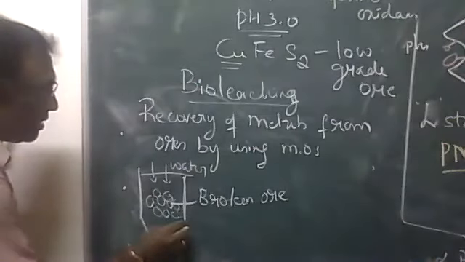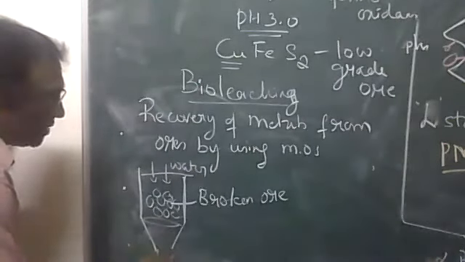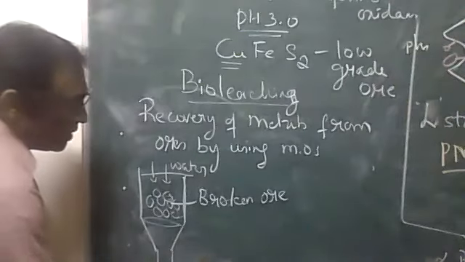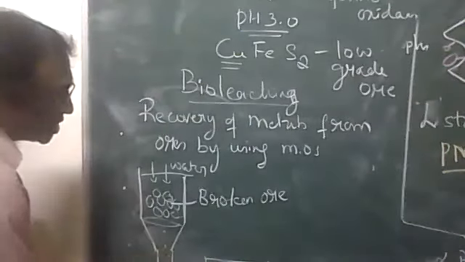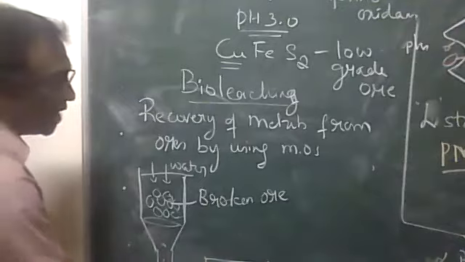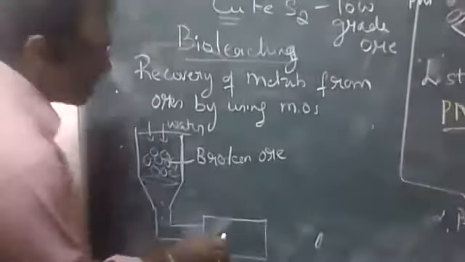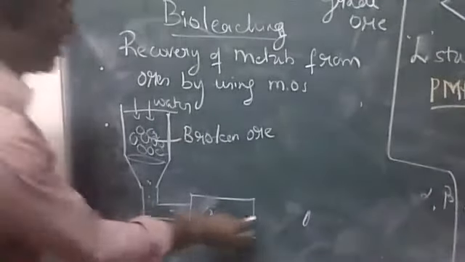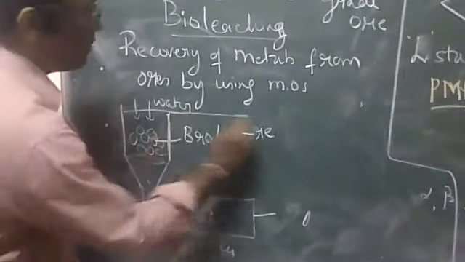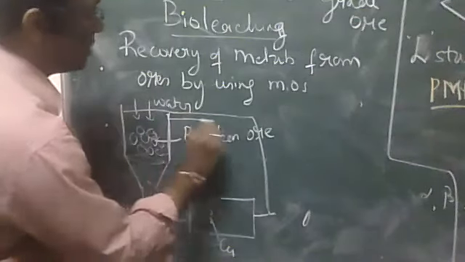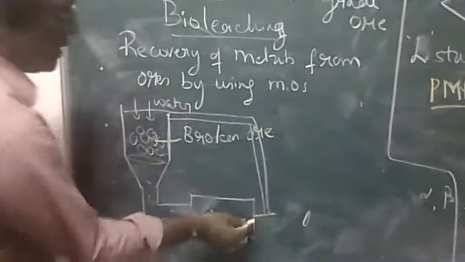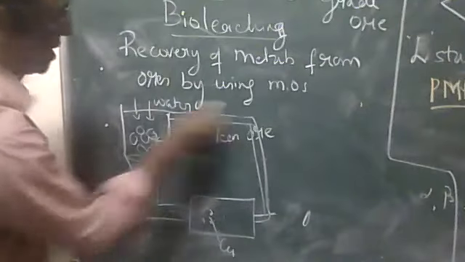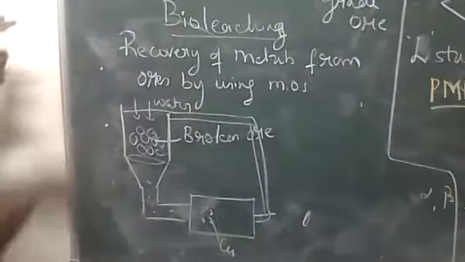Acid water comes up here, later on becoming acidic water, I'll tell you how later. Copper gets deposited here. And this acid water can be pumped back again so that bioleaching will continue.